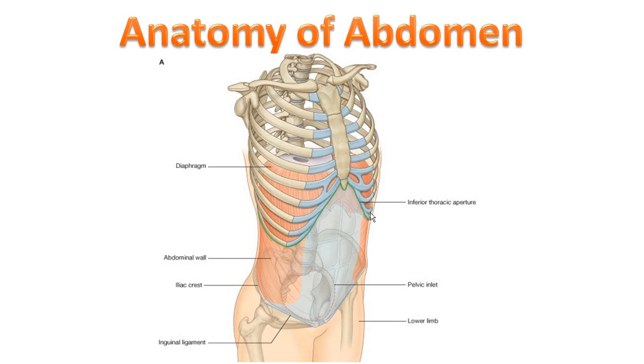And on each side the anterior abdominal wall is separated from the posterior abdominal wall by the mid-axillary line, as you know.